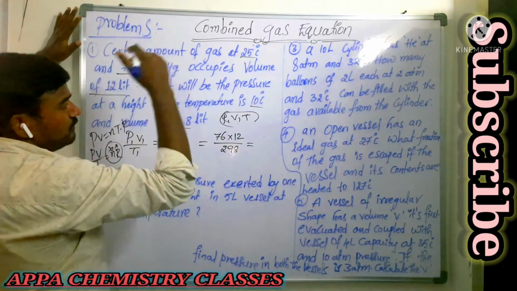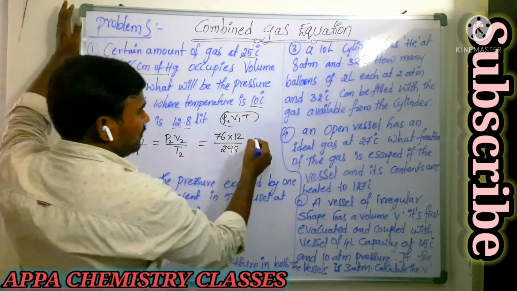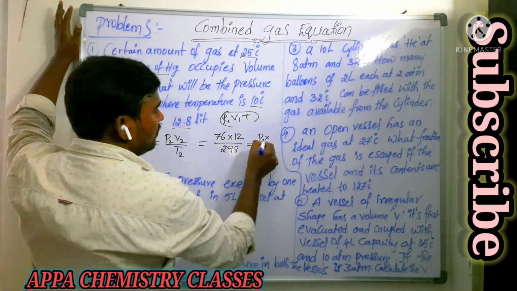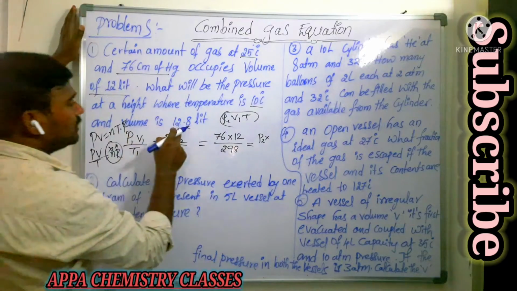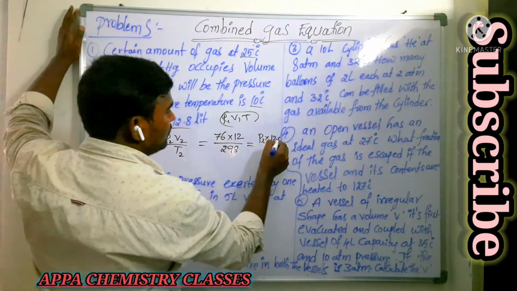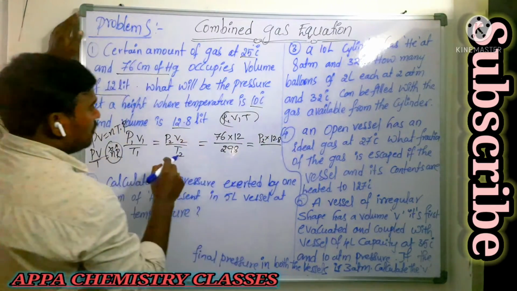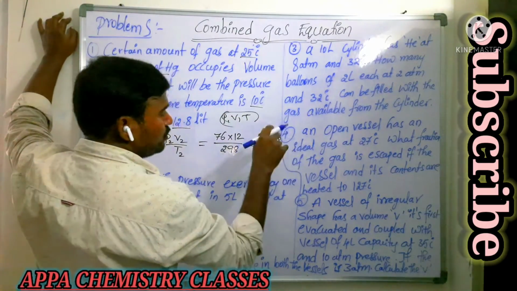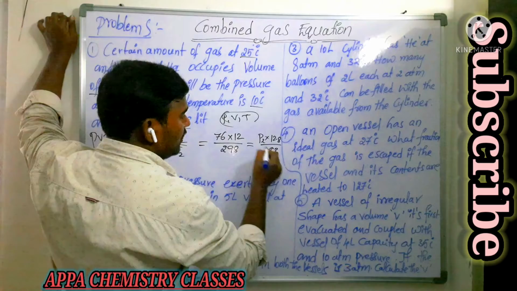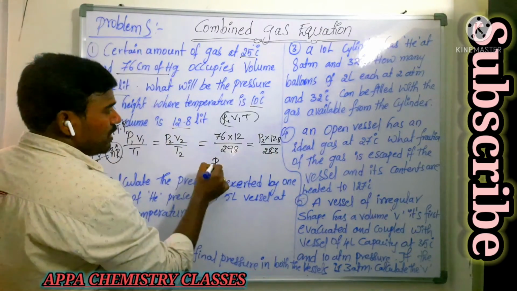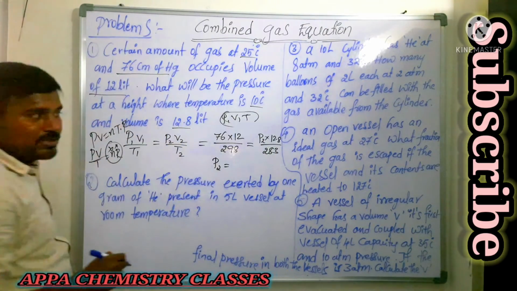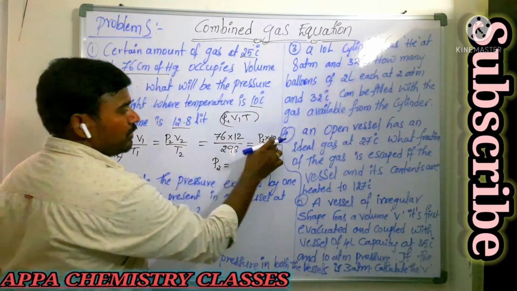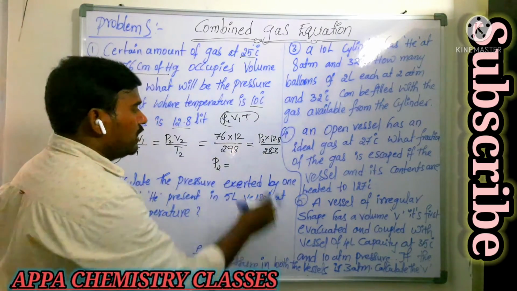They are asking us to calculate the height of the mercury column in that barometer. And the volume will be 12.8. Here the temperature is 10 degrees Celsius, so 10 plus 273, that is 283 Kelvin. By solving this you are going to get P2. Is that clear? Now here 12.8, okay, and 283.